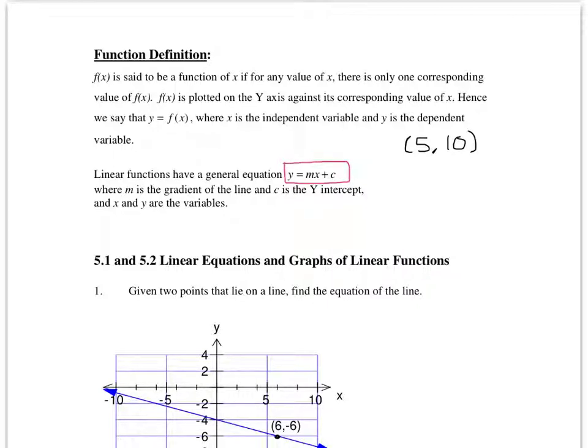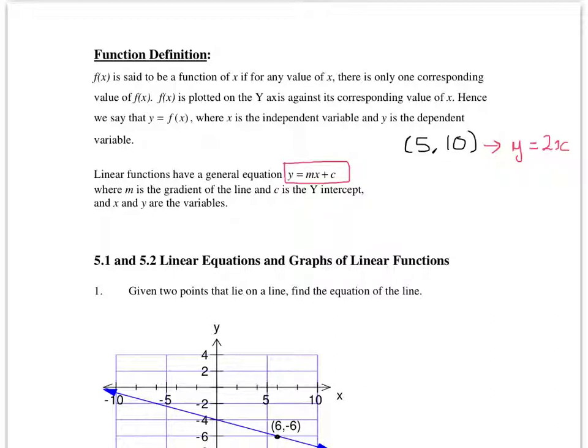And that's the rule that links x and y. Remember on our previous page, the rule was y is equal to 2x. The value of m was 2. The value of c was 0.